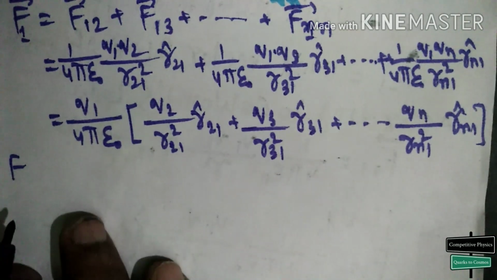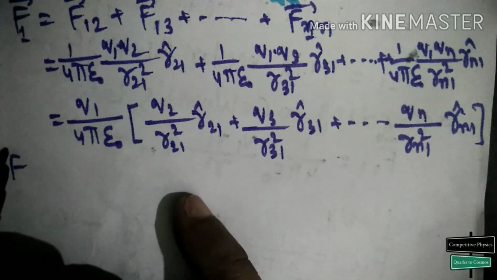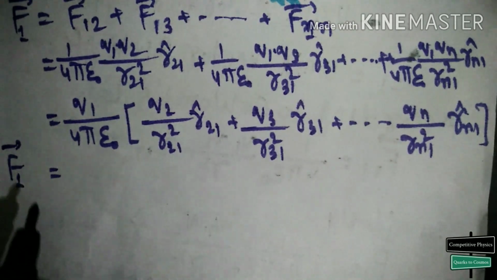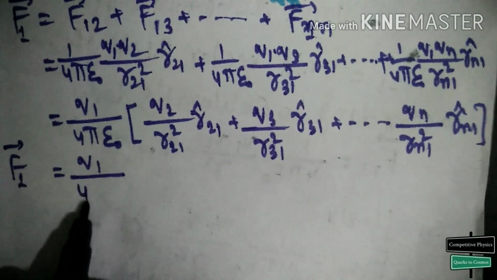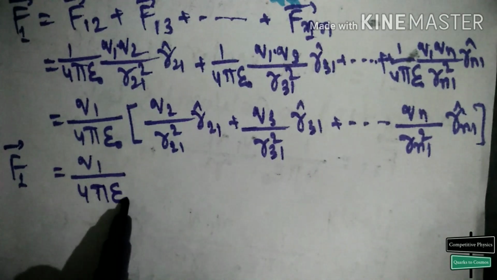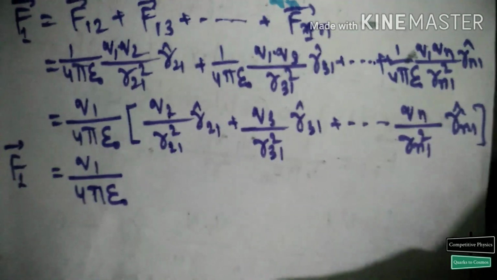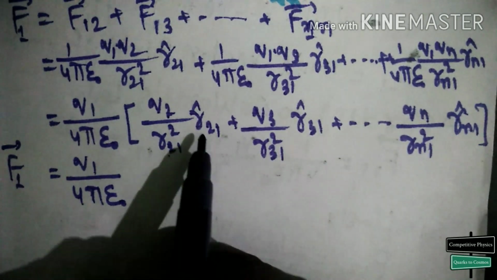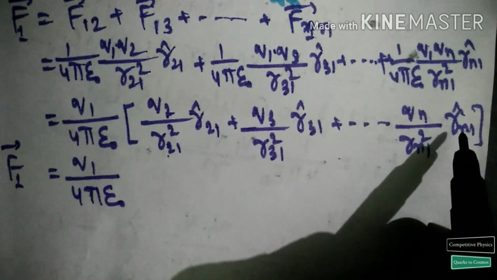Now we can write this in terms of summation as: net force on the first charge equals q1 upon 4 pi epsilon naught times the sum of q2, q3 and so on up to qn, over r21, r31 up to rn1 squared, with the unit vectors r cap 21, r cap 31 and so on up to r cap n1.